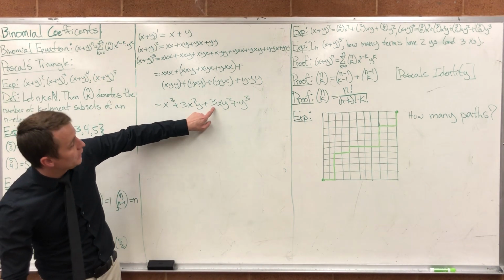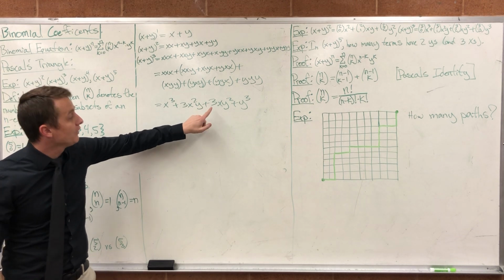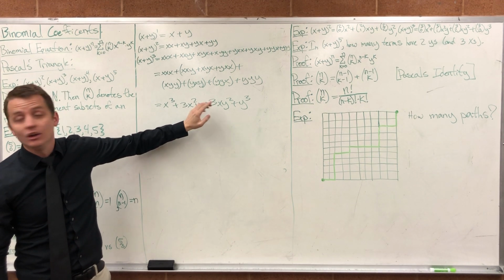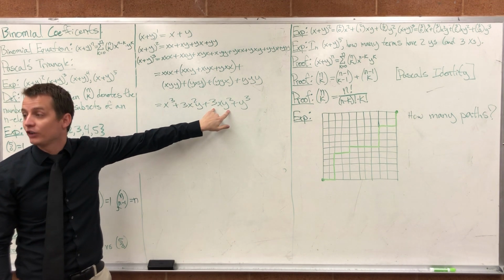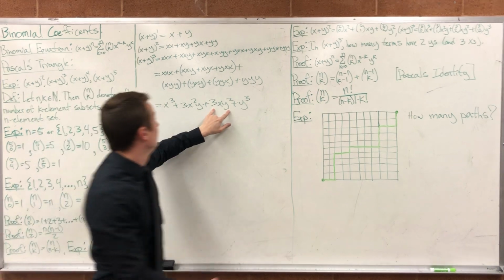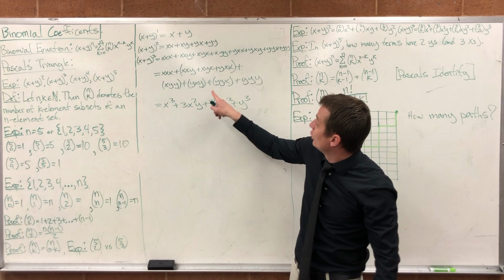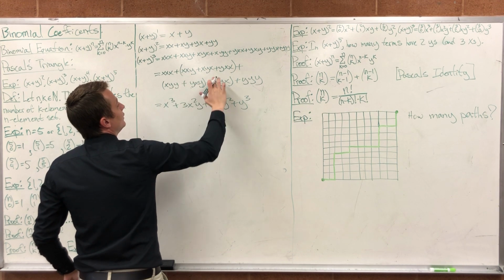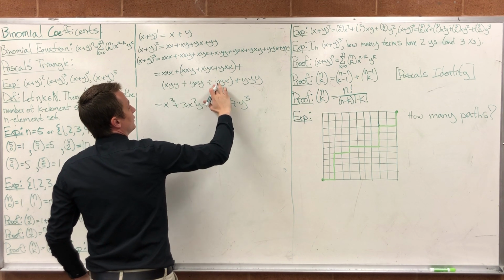So where did that 3 come from? That 3 right here was how many 2-element subsets we could create from a 3-element set. Sorry about my parentheses here. These were all the ones that had 2 y's.